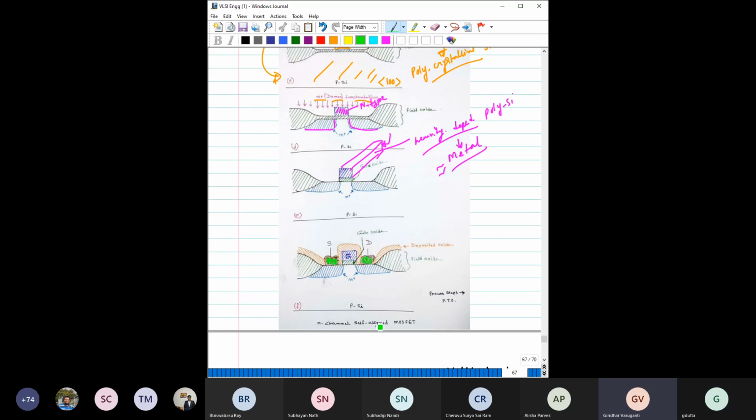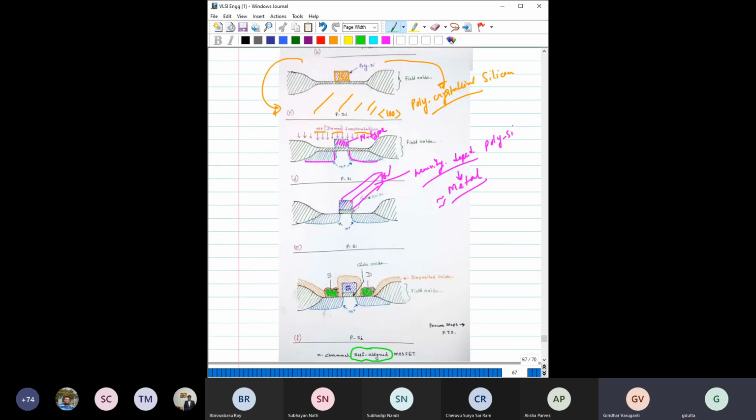But have you seen the beauty of the self-aligned process? In the self-aligned process, this gate is automatically aligned between source and drain. Earlier you had to take the gate metal and manually align it between source and drain.